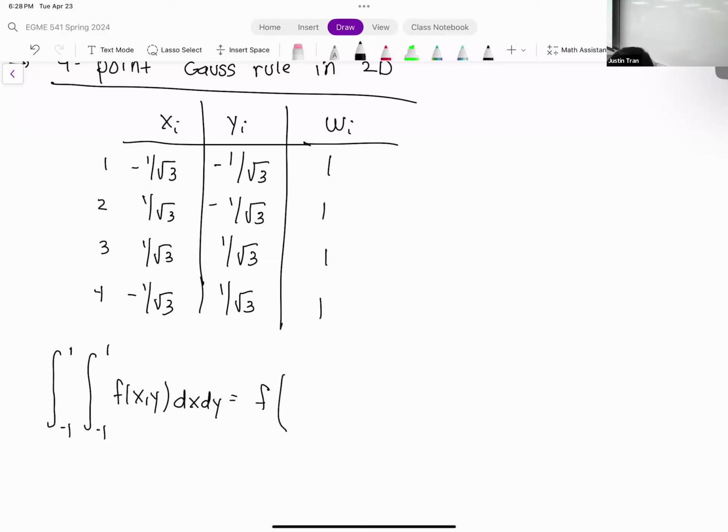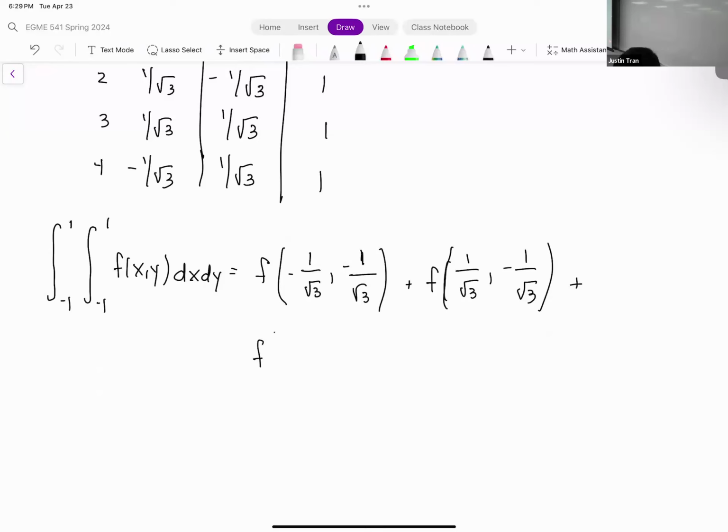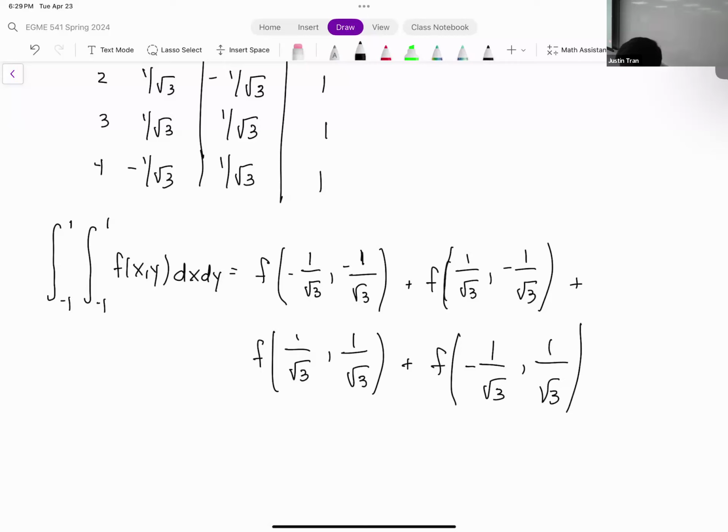So we have f of -1 over √3, -1 over √3, plus f of +1 over √3, -1 over √3, plus f of 1 over √3, 1 over √3, plus f of -1 over √3, 1 over √3.